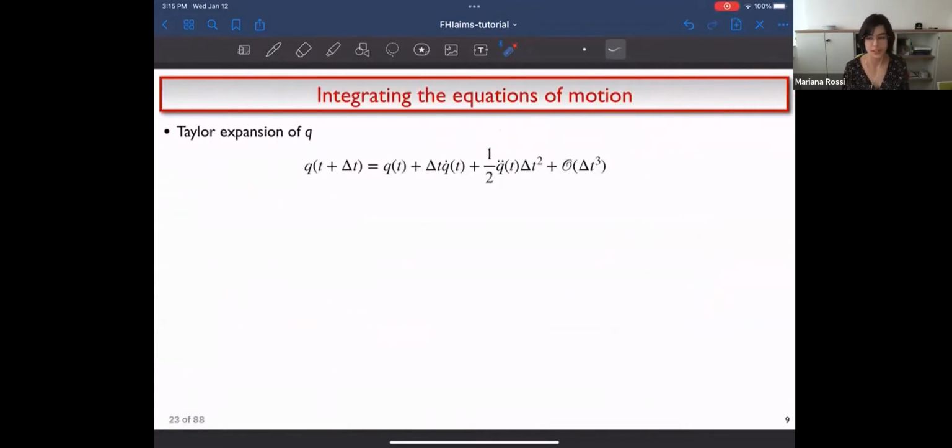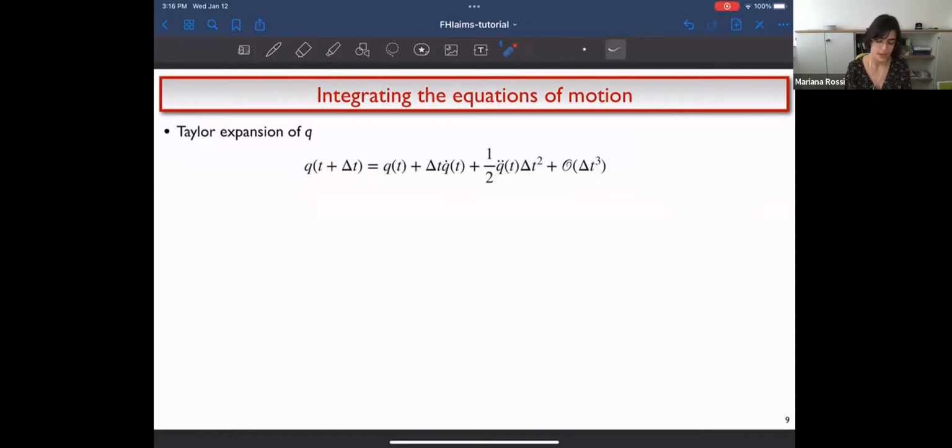Okay, so first, how do you evolve these with finite time increments? Well, you can first do a Taylor expansion of your positions. This is the order zero thing you can imagine to do. So you expand around time t with an increment delta t, and then you have this usual Taylor expansion, which I cut after second order.